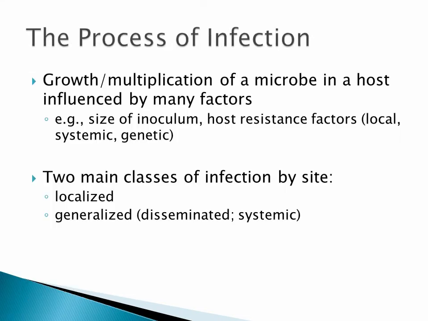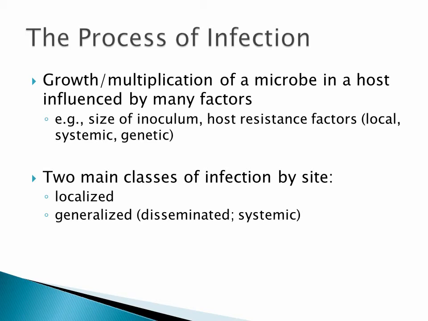Let's go ahead and briefly talk about the process of infection. In order to survive and multiply in a host, a successful pathogen must be able to: 1. Colonize the host, 2. Find a nutritionally compatible niche in the host, 3. Avoid or circumvent the host's immune system or immune responses, 4.